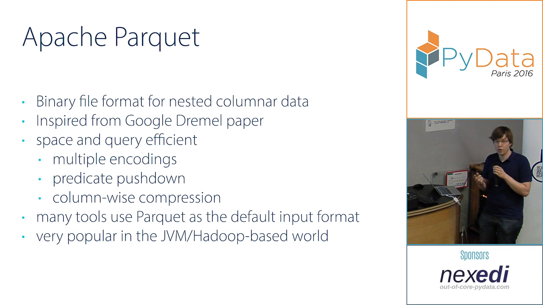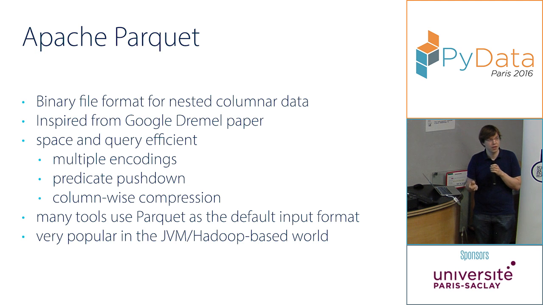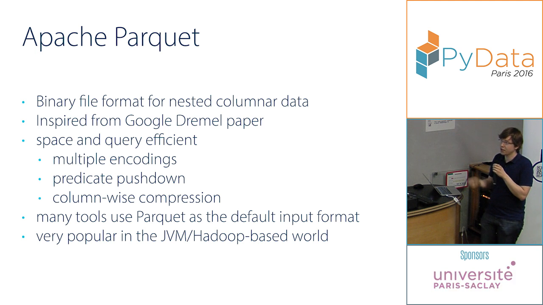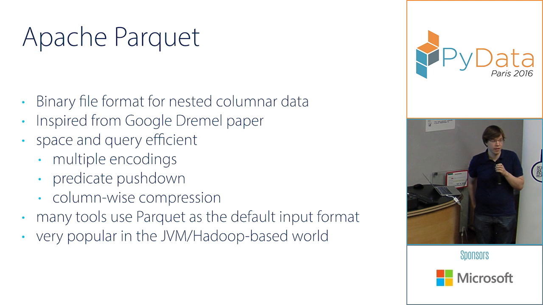Or run-length encoding for repetitive data, where you say, okay, I have 100 times a 1, 2 million times a 2, and you just store the counts of how often each value is there. You may be able to encode a very large column with 1 million values in just 20 bytes just because it's repetitive.